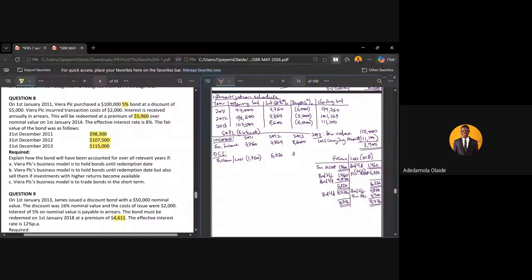So here we'll still have what? 3,900. So last, statement of financial position extract.